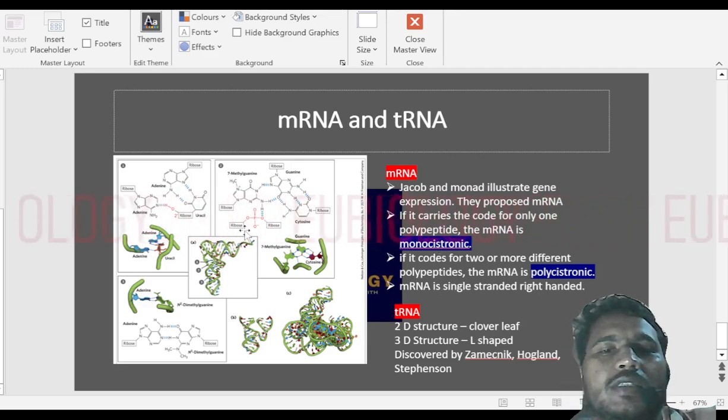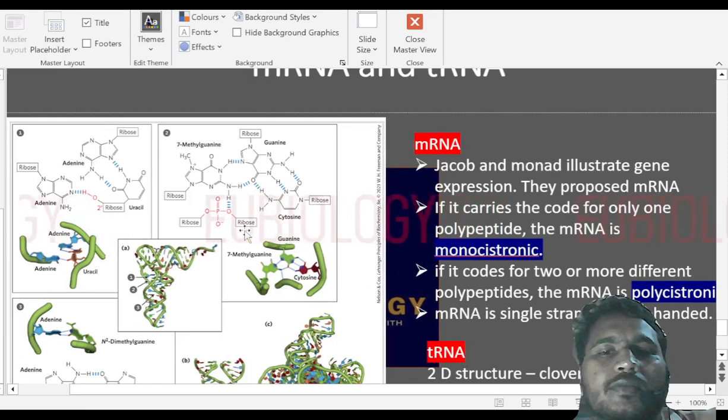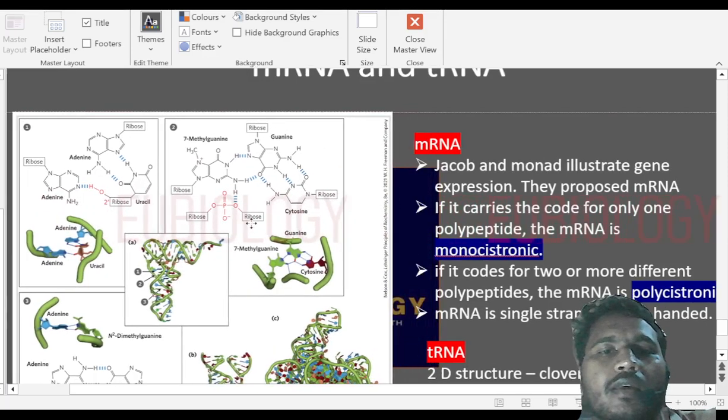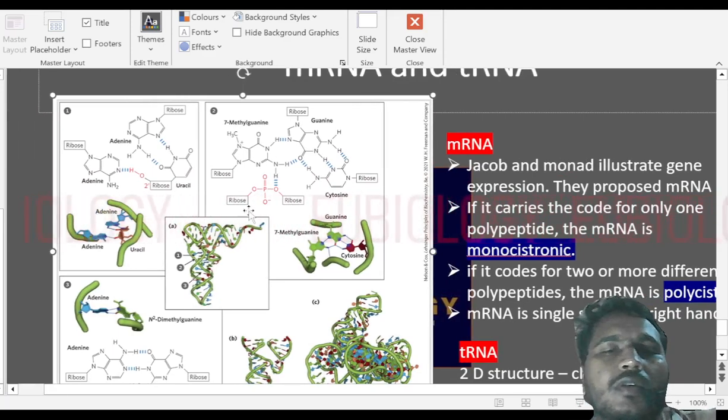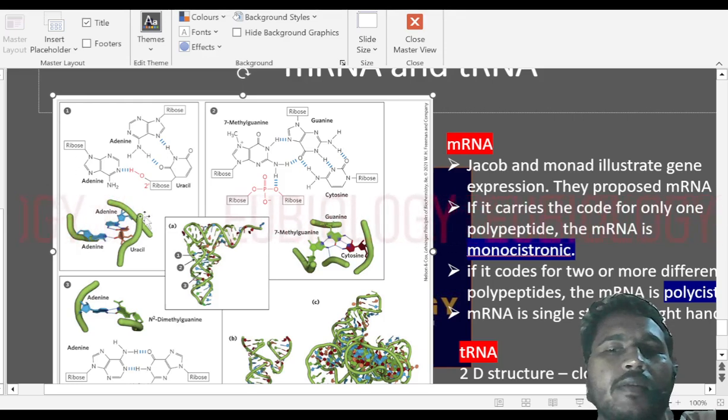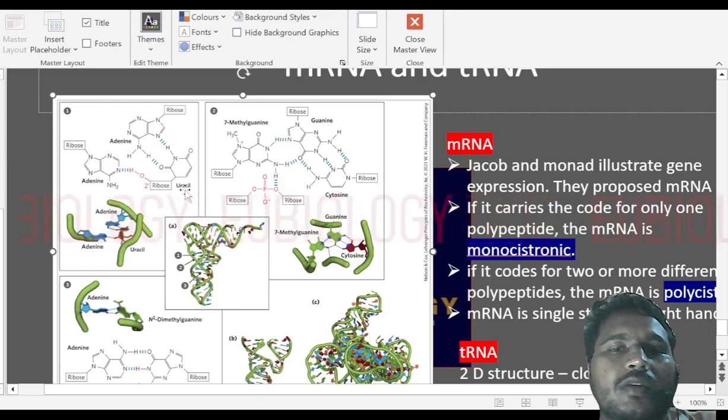This structure you can see here. I will try to show. Here adenine has different types of bindings. Adenine binds with uracil, and this type of structure is forming, and 7-methyl guanine will bind with guanine. There are different forms of the nitrogenous bases again.